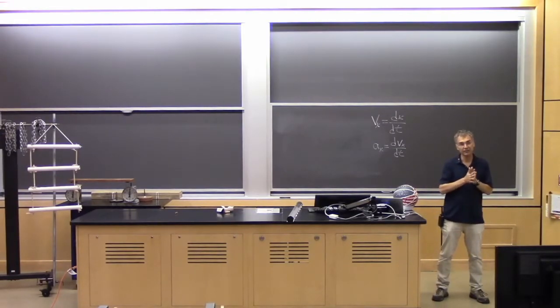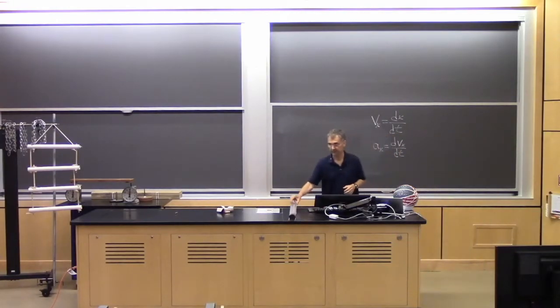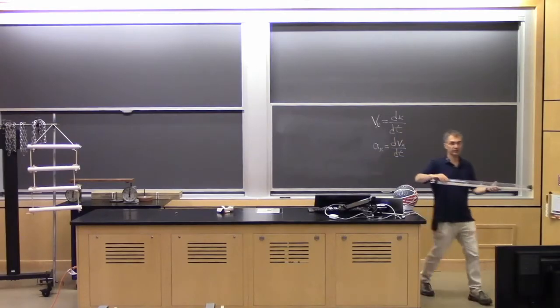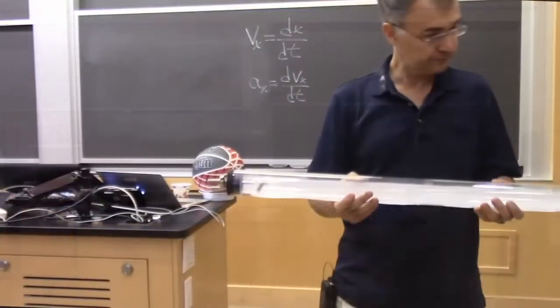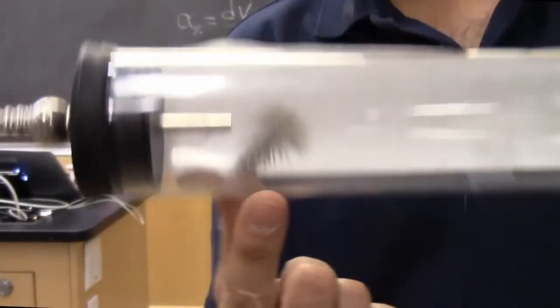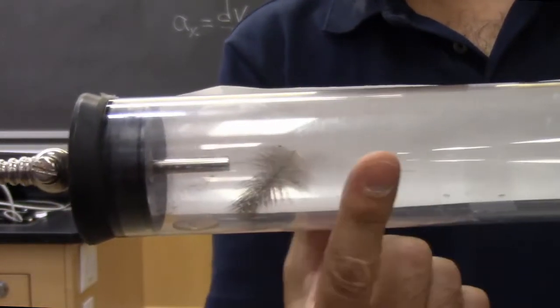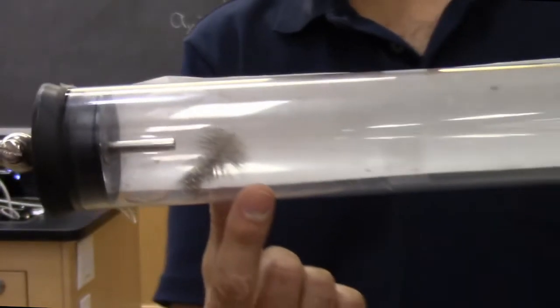Let's make the contrast even maybe a little bit more dramatic. So in this cylinder, we have a penny, a copper US 1-cent coin, and a feather.